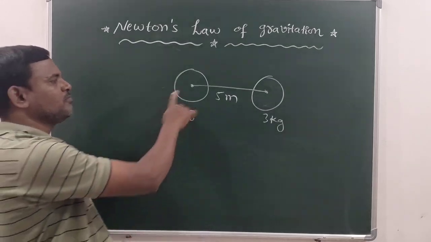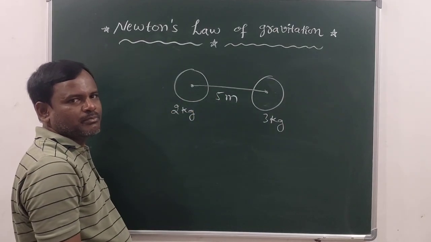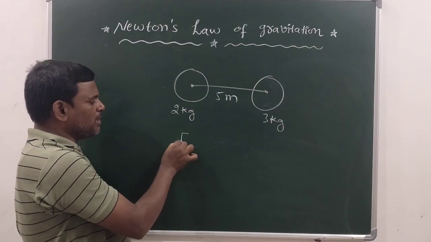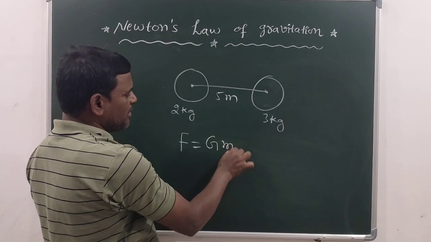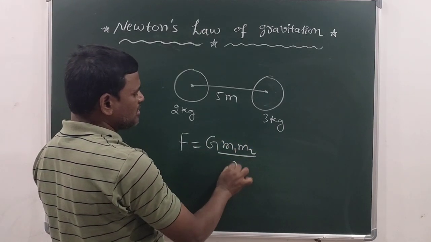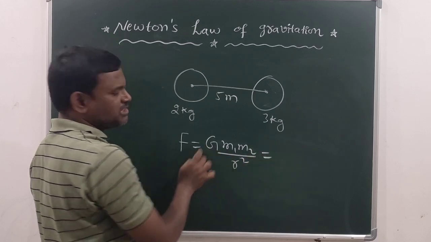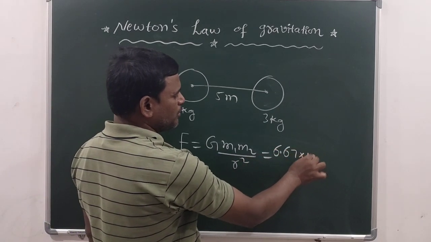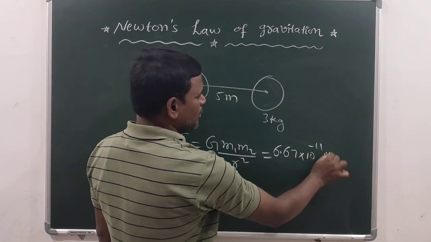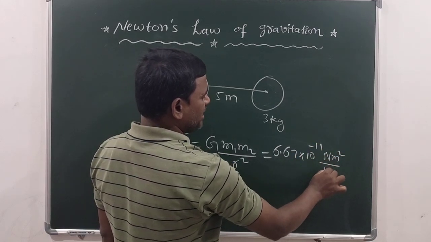Then find the force of attraction between them. Then apply the previous formula, F equal to G into m1 m2 by r square. If you apply the G value, 6.67 into 10 to the power of minus 11 Newton meter square by kg square.